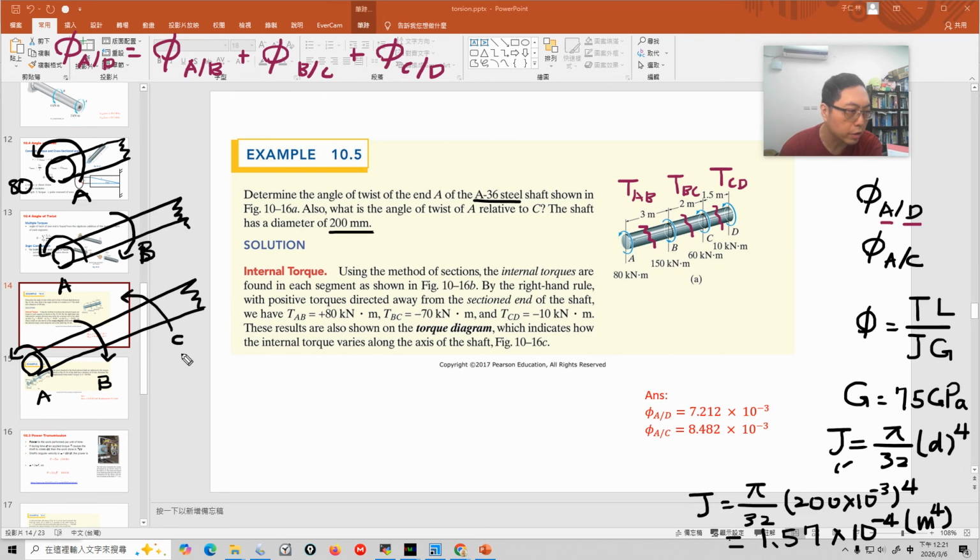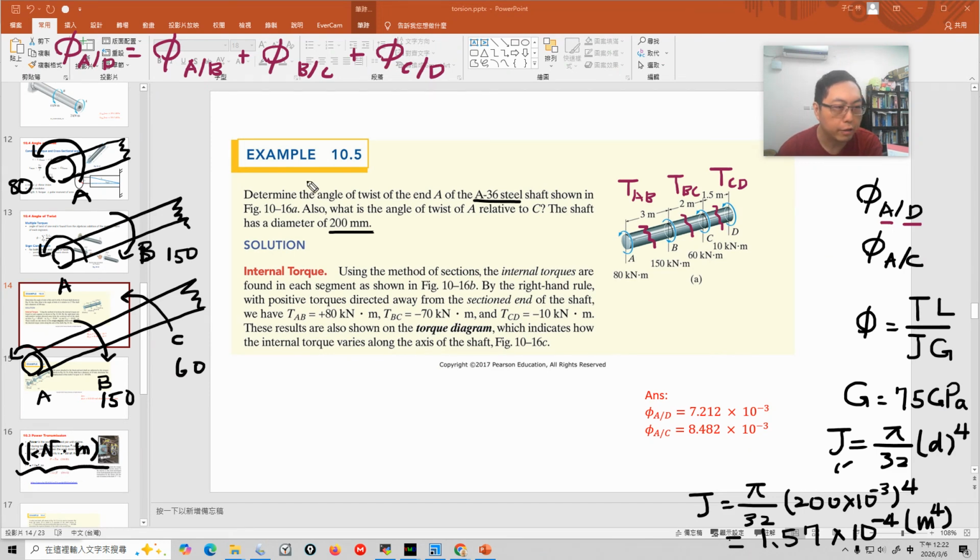Sorry, what's the value? 80, 150. Sorry, this should be 60. Sorry, it takes a while to finish the cut section picture.